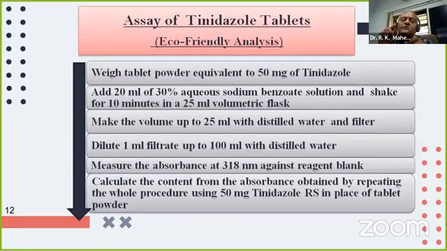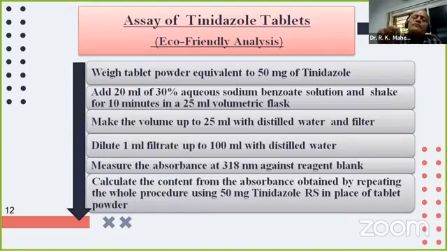you are going to dilute not with sodium benzoate solution now. Only once you are going to apply 20 ml of sodium benzoate solution. Afterwards, dilution will always be with water. So up to the mark of 25 ml, you dilute with water. Then you have to carry out filtration to remove insoluble excipient.